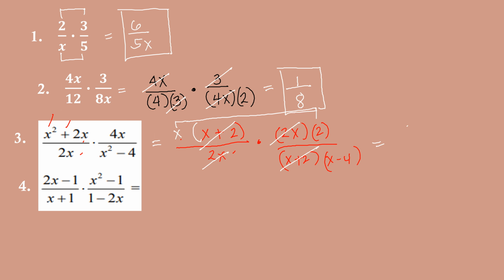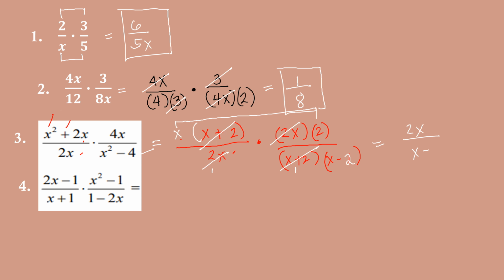Thus, this will give us 2x over, okay, remember, this is already a 1 and a 1, times x minus 2. It's not x minus 4, but this is x plus 2 and x minus 2 as factors of x squared minus 4.